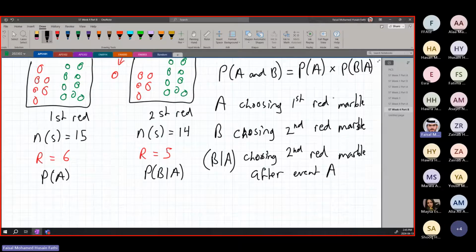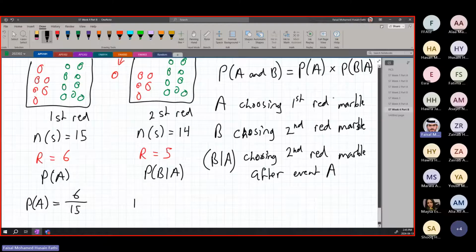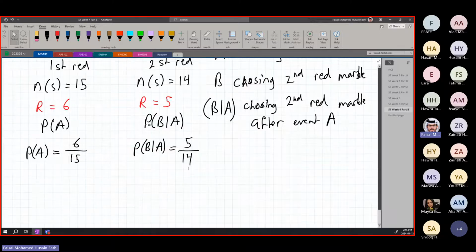So when we're going to solve this, P of A is going to be equal to 6 red marbles over 15. P of B given A is going to be equal to, we are left with 5 red marbles and 14 total number of marbles. So now we want to find the probability of choosing 2 marbles.